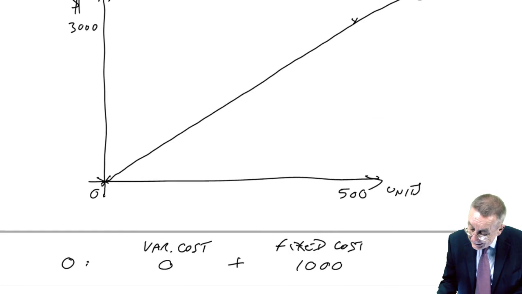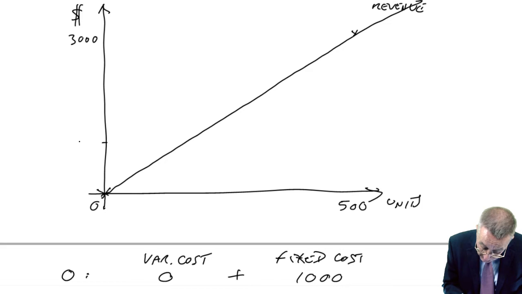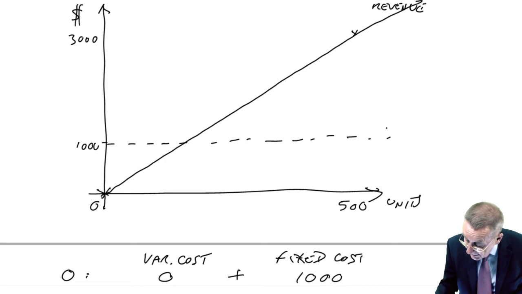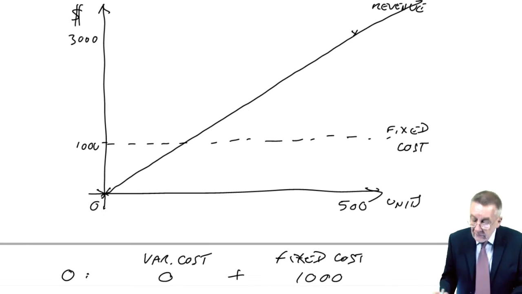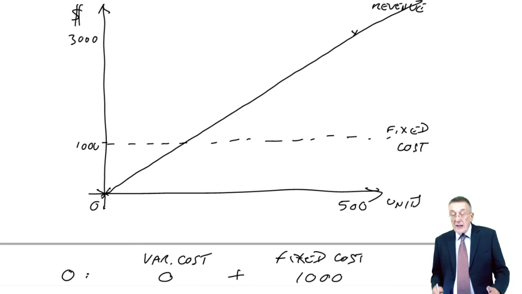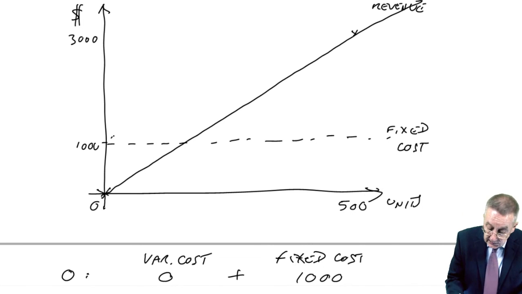And so I will show the fixed cost. 1,000 is about there. And I'll do it as a dotted line. You'll see why in a minute. But what I really want is the total cost, fixed plus variable. Now, of course, when there's no units, there's no variable again.